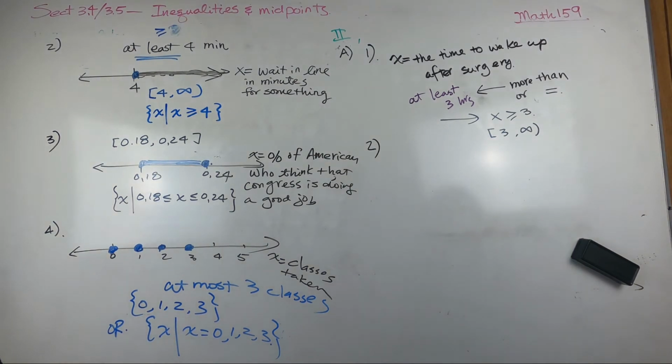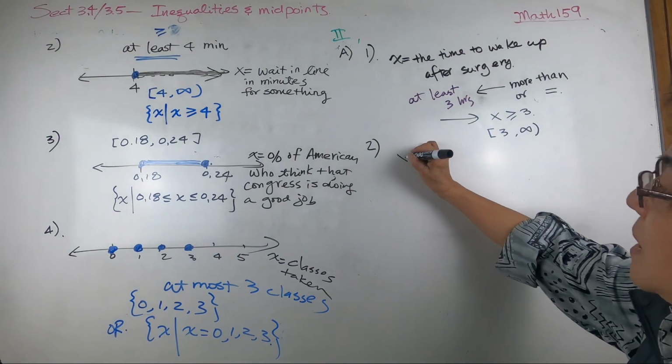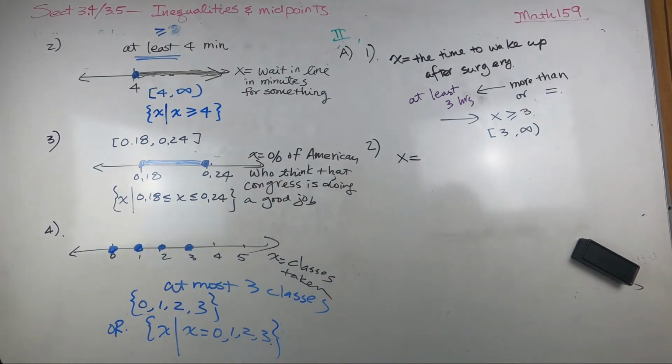Second one, suppose you wanted to find the probability that a relationship will last more than 1 week and at the most 8 weeks. Write an inequality for this situation. So what kind of subject are we talking about, what kind of things are we working with, that's your X, right?